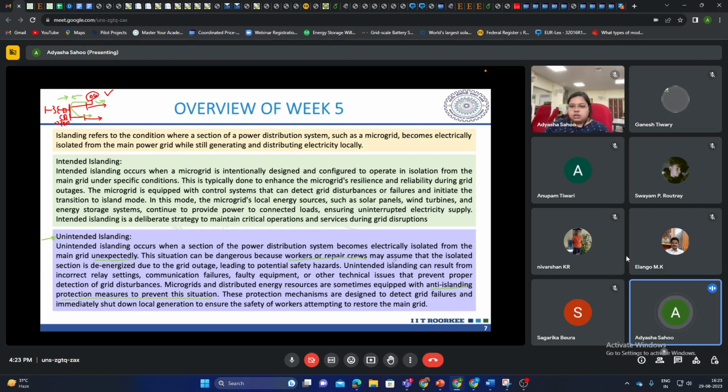These protection schemes can detect the grid failures and immediately shut down this DG, so that there is no backfeed of power and the workers' safety can be ensured.